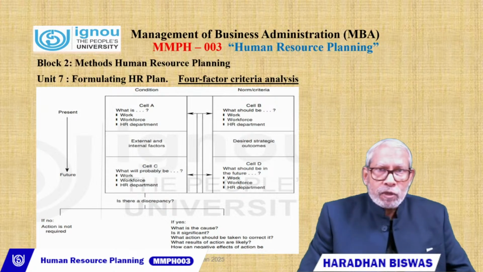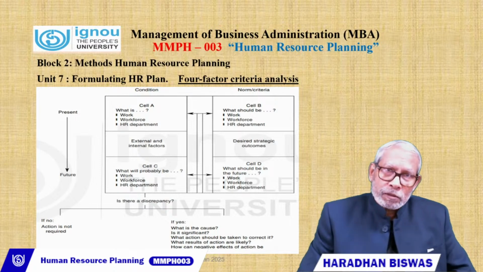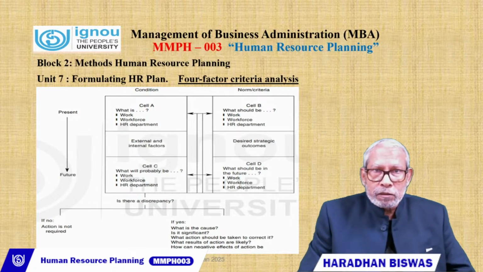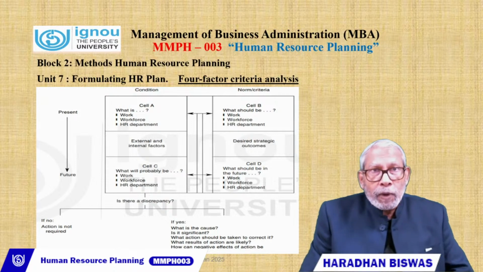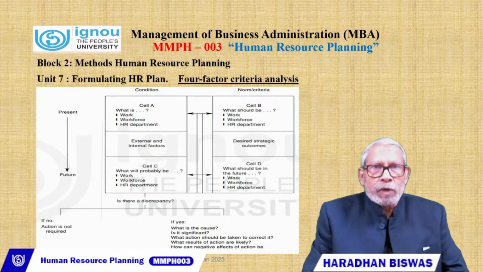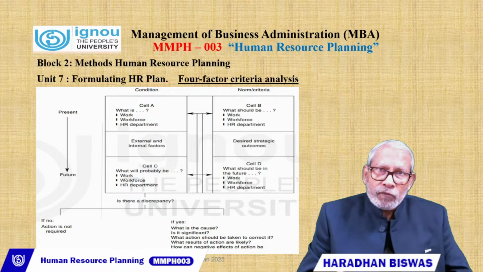Then the second quadrant, cell number B, where the question is what should be? That question itself gives you the path for searching. Again, the workforce, and there are three things where you have to put the data.